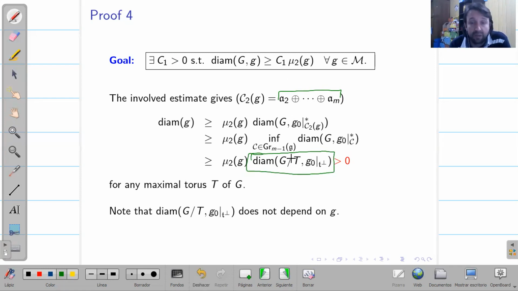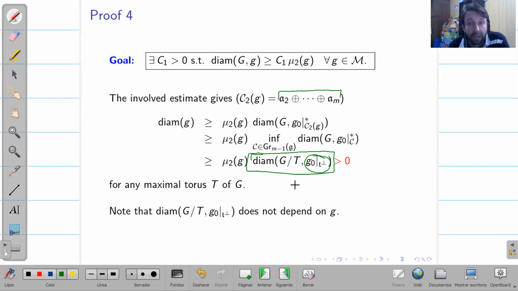Here the homogeneous metric is a flat manifold, right? On T, since you can go for free to any point among elements in the maximal torus, you quotient by T, and you take the metric in the orthogonal complement with respect to G0, and you obtain a positive lower bound.